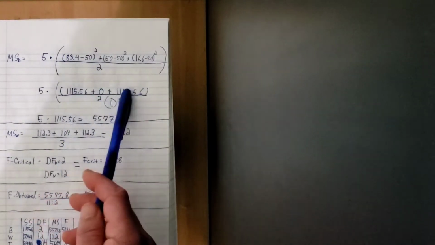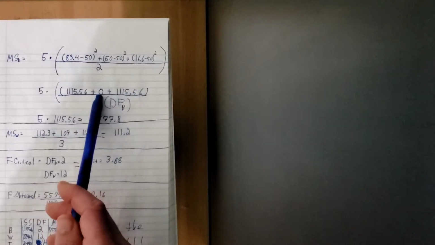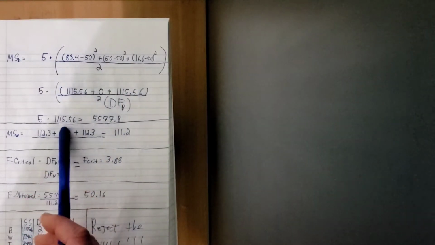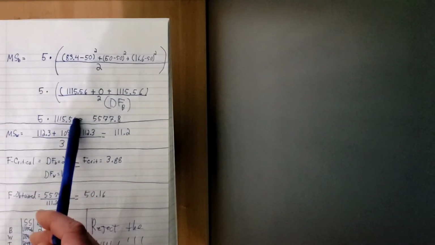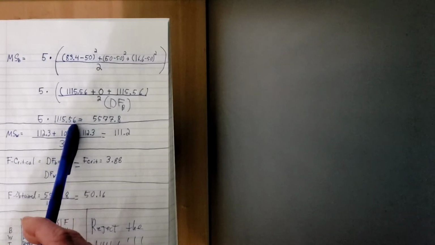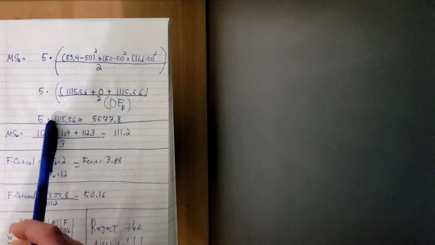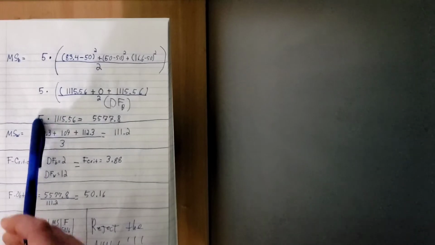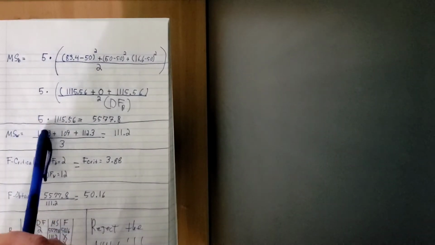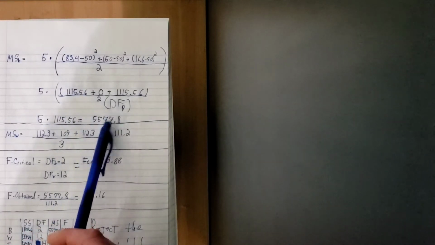Now, when you take this and divide by 2, you're going to get 1115.56 because these numbers are the same. There's a 0, so if you divide by 2, it's going to equal 1115.56. And then at the end, you multiply this by subjects per group, and there are 5 subjects per group. So if you do 5 times this, it equals 5577.8.